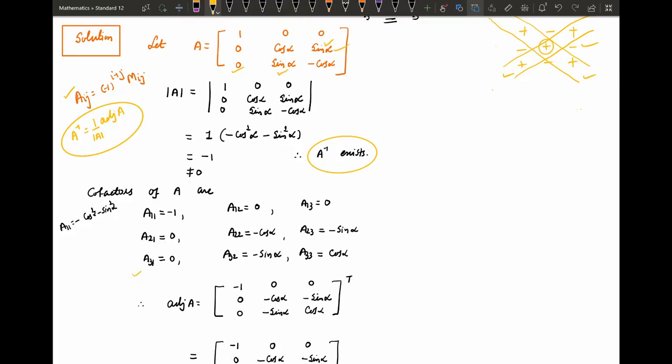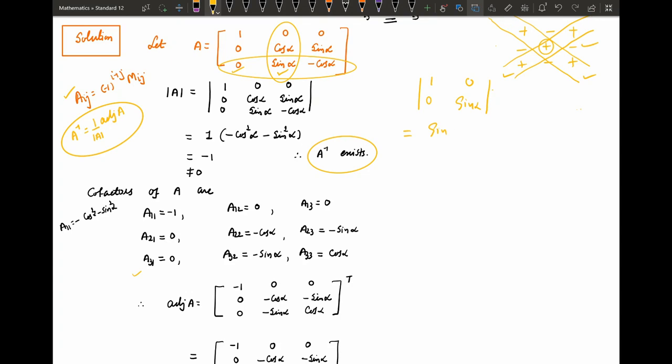Now A32, the cofactor of sin alpha. Again we leave the column and row in which that entry lies. So the 2 by 2 determinant formed by the remaining entries is 1 0, 0 sin alpha.